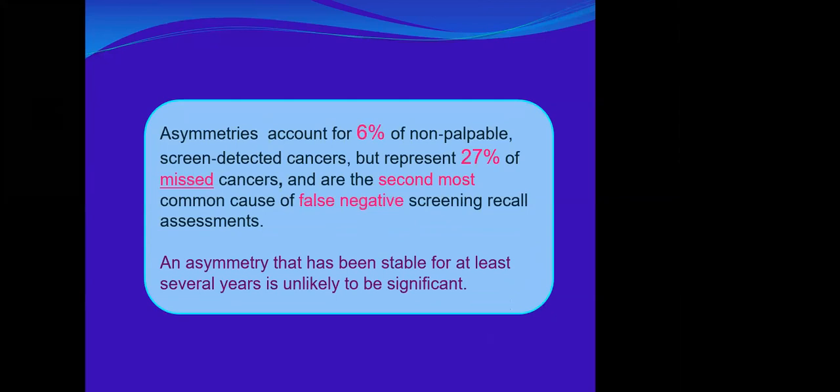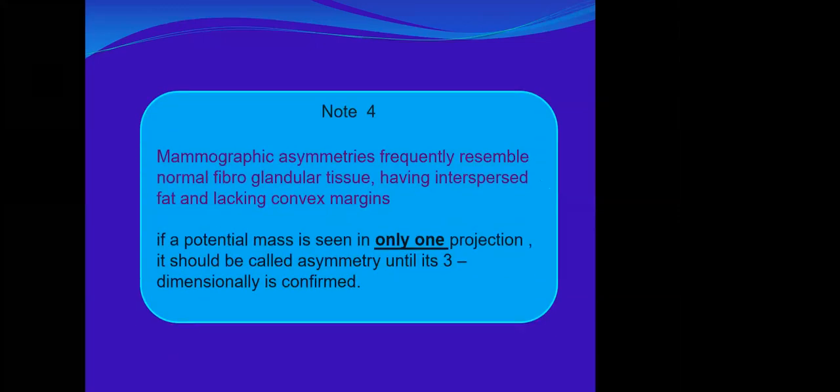However, asymmetries account for 6% of non-palpable screen detected cancers, but represent 27% of missed cancers, and are the second most common cause of false negative screening recall assessment. An asymmetry that has been stable for at least several years is unlikely to be significant.